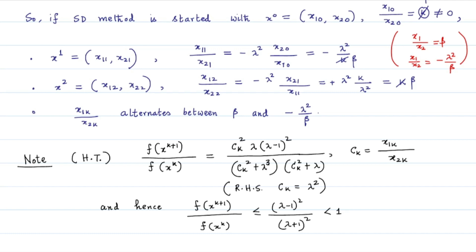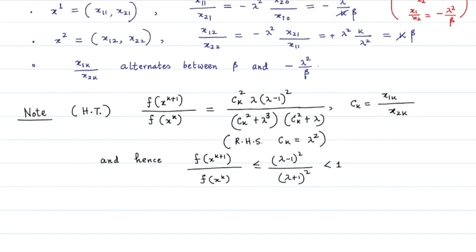Therefore this sequence f of xk is a decreasing sequence and f of xk converges to 0 as k tends to infinity. But we notice that as this lambda value gets bigger and bigger, this right hand side is approximately equal to 1. So this ratio f of xk plus 1 divided by f of xk is almost equal to 1 but just slightly smaller than 1, and this gives a sense of how slowly the sequence f of xk converges to 0.